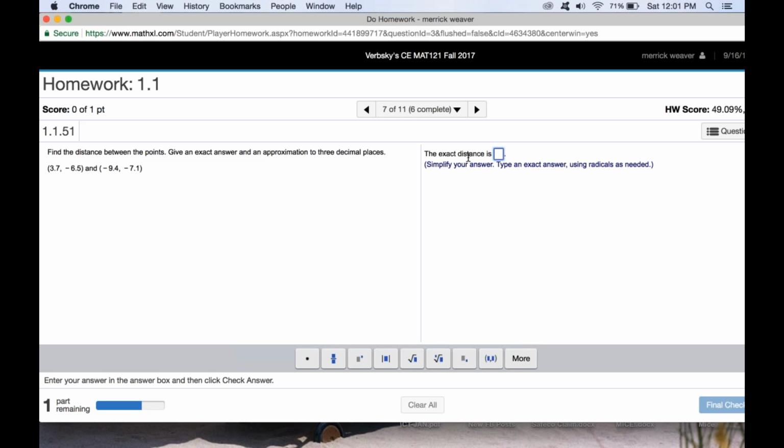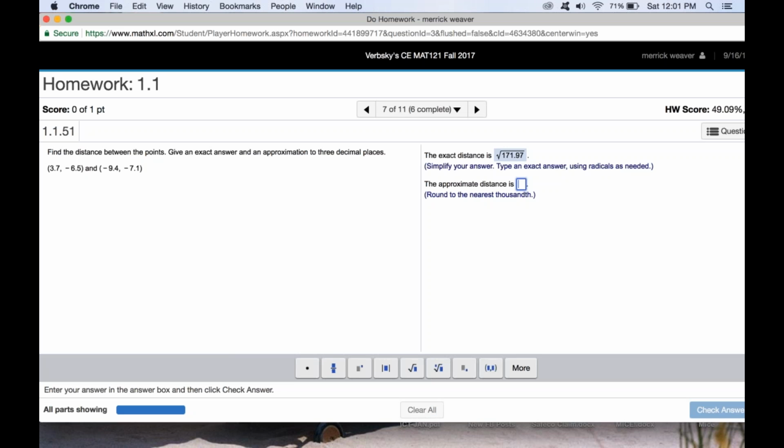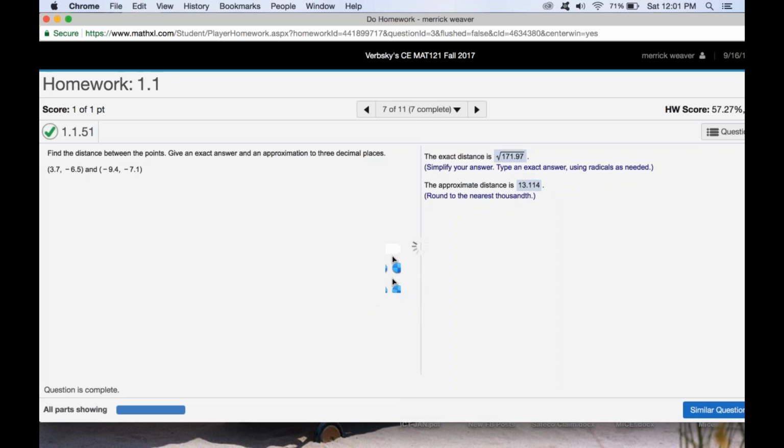Yeah. That's the exact answer. Go ahead and put that in. There you go. And now give the rounded off answer. Okay. That's the 13.114. There you go.